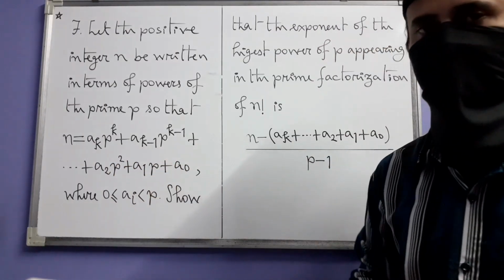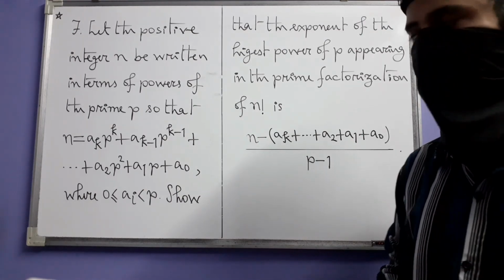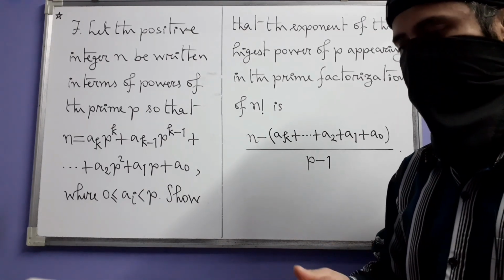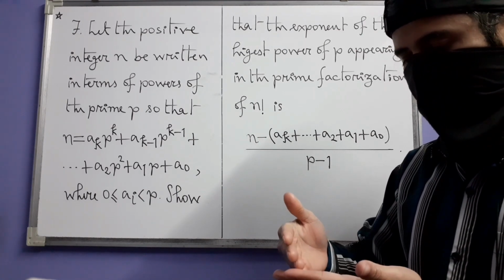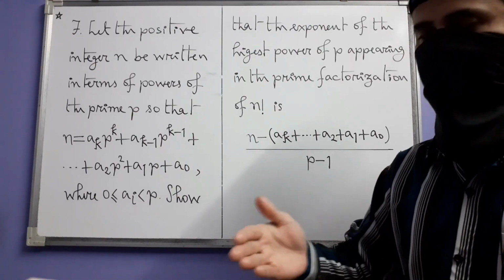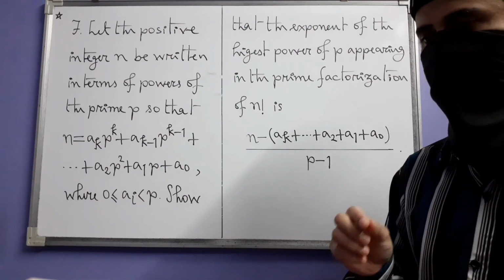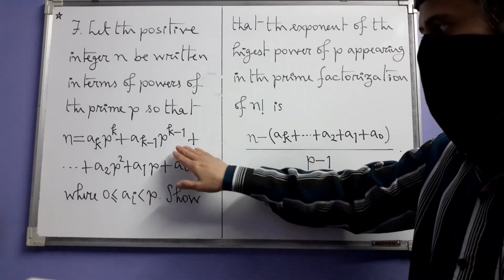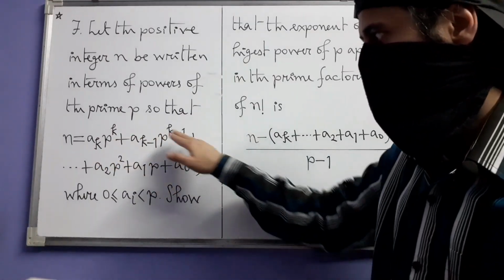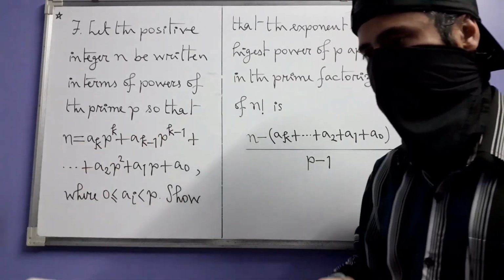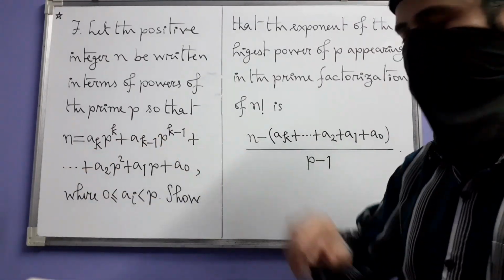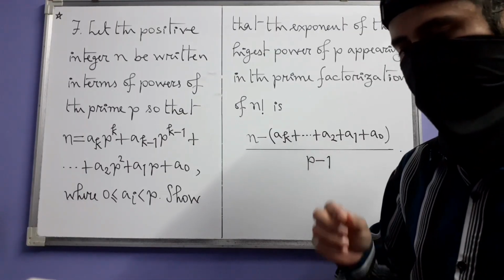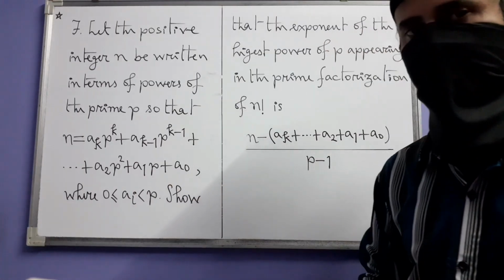and less than p. Just like you can express any positive integer in your decimal representation where the base is 10, you can view this expression as representing n in a number system where the base is p and where the digits are these ai's.